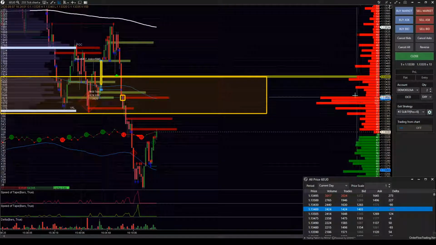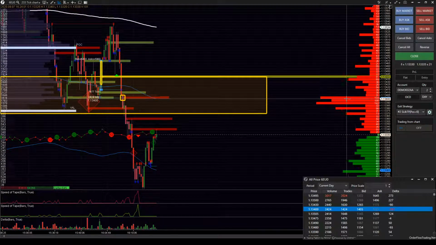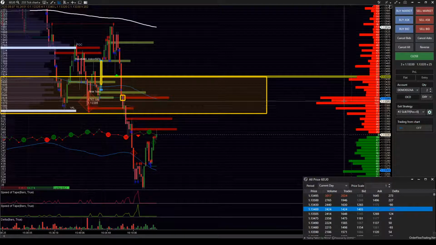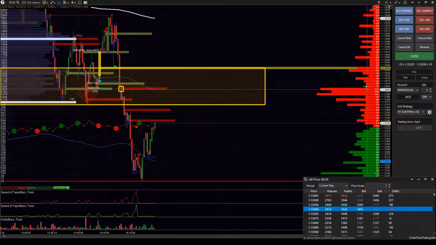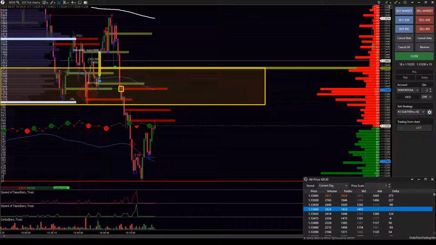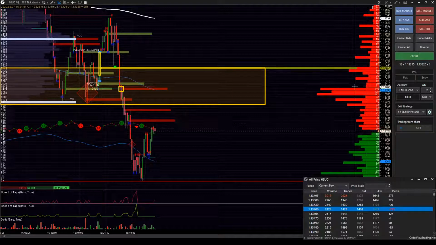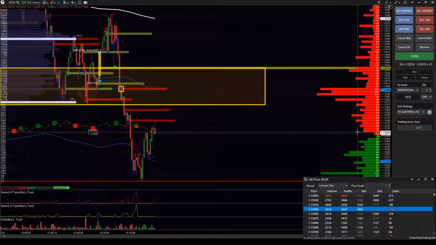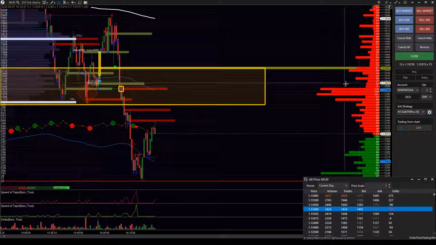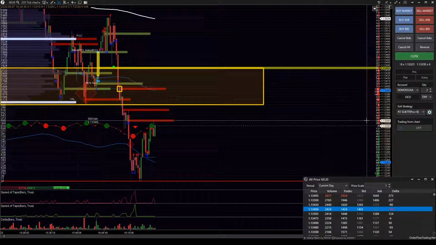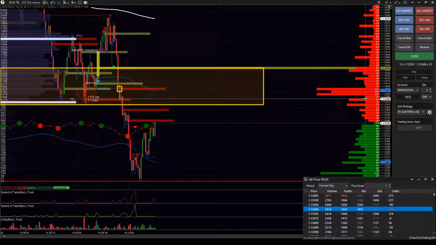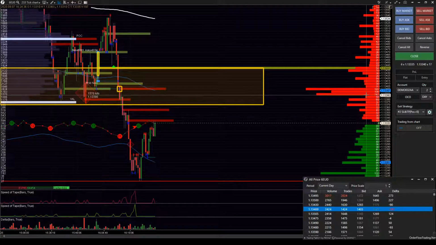Liquidity is being added. Here you can see how many contracts are waiting to be filled. If the selling contracts are filled, the price moves up. You might think that if there are a lot of selling contracts, the price will move down, but it's actually the contrary, because they are just waiting to sell, but they need somebody to buy.